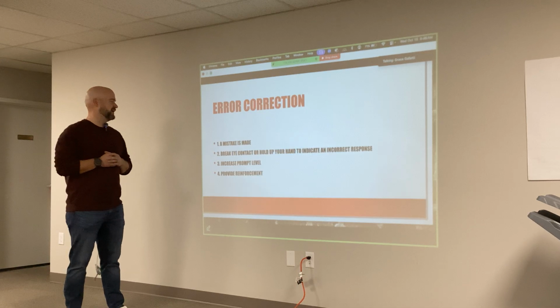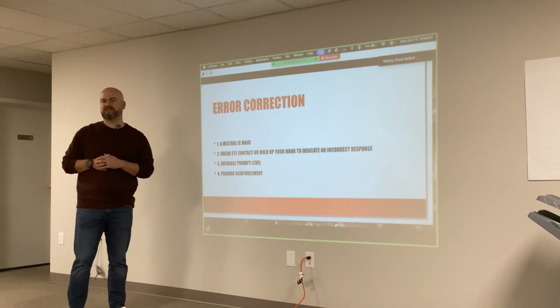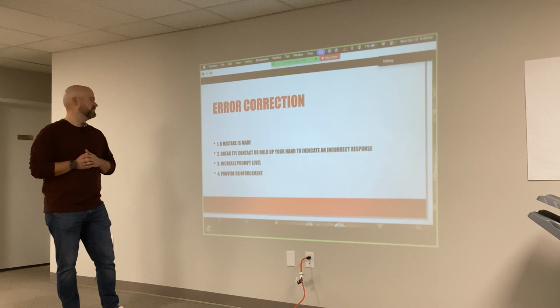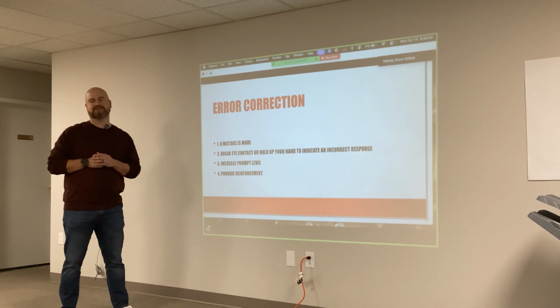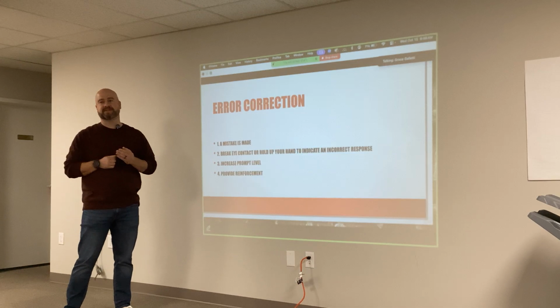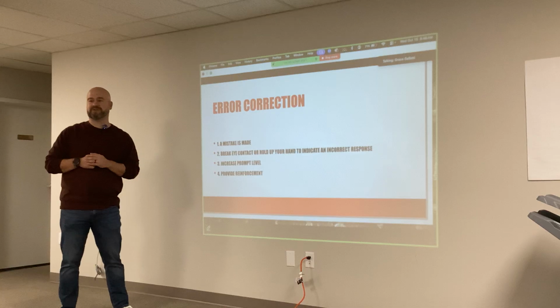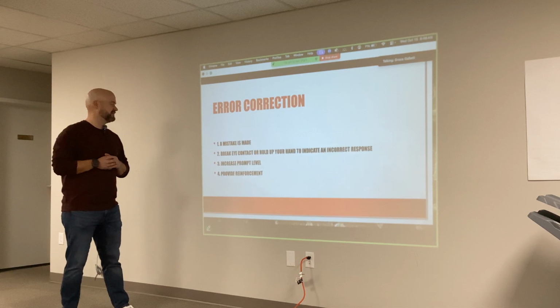And I'm going to wait 3 seconds, 3 to 5 seconds, because again, I don't want to chain in that incorrect response. I'm going to then think about increasing the prompt level, the intrusiveness of the prompt level. So if I'm using a verbal prompt and a mistake is made, I may then consider moving up to a model or gestural prompt, if that worked for the learner in the past.